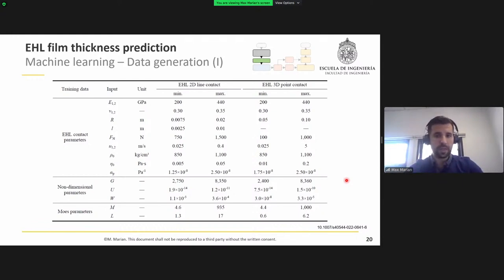And we trained all the models first with the original input parameters that we also put into the EHL simulation. And also we trained them with the non-dimensional parameters G, U, and W, as well as the Moes parameters M and L, and had a look at what this does to our prediction accuracy.